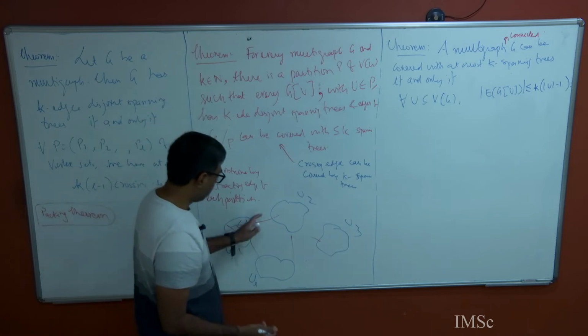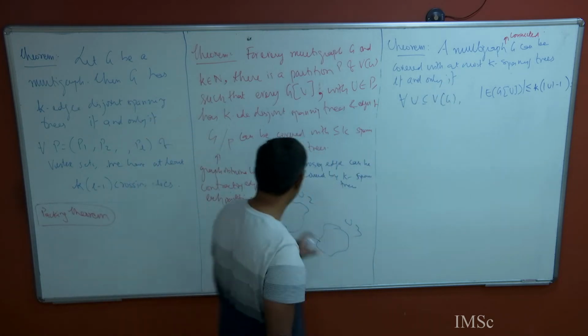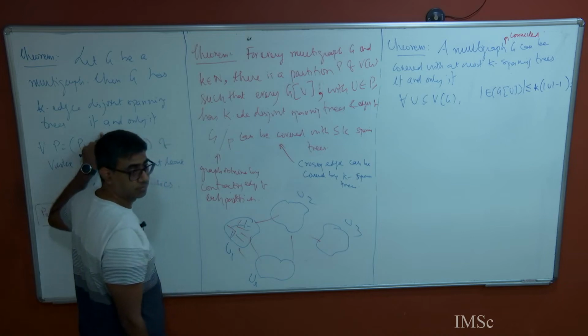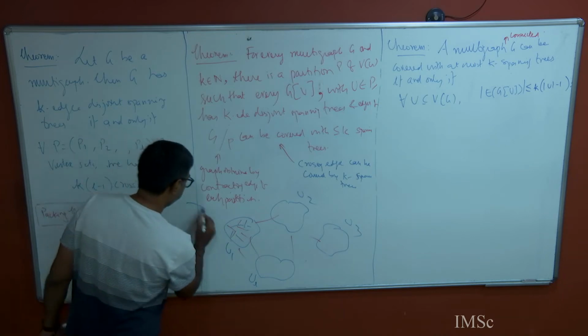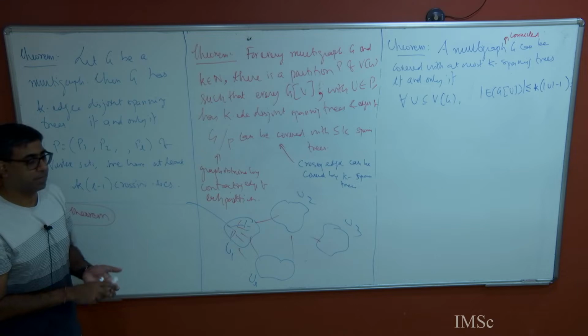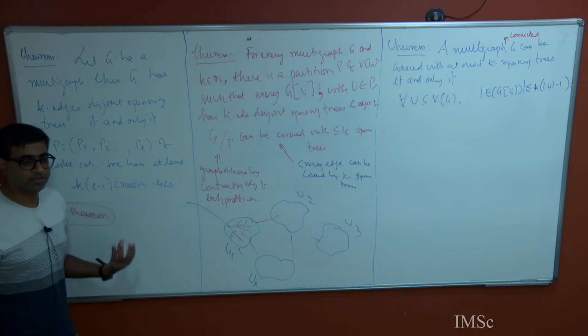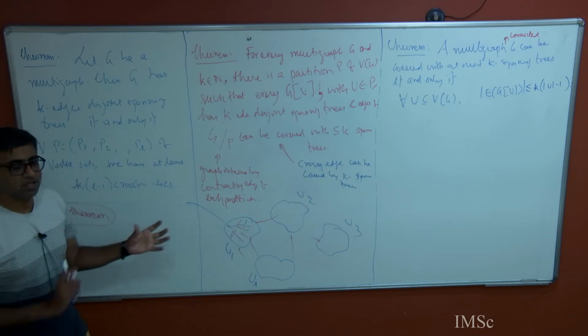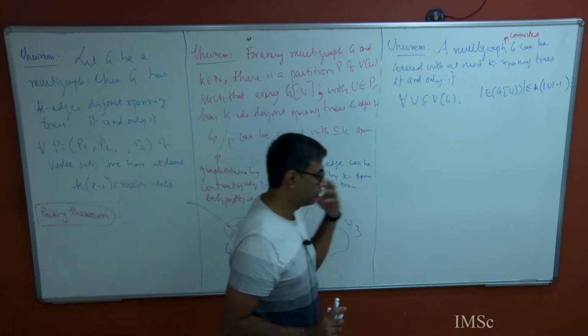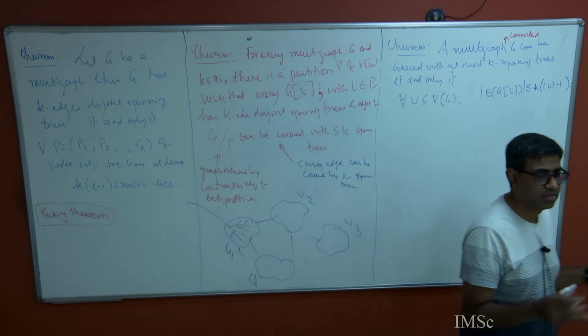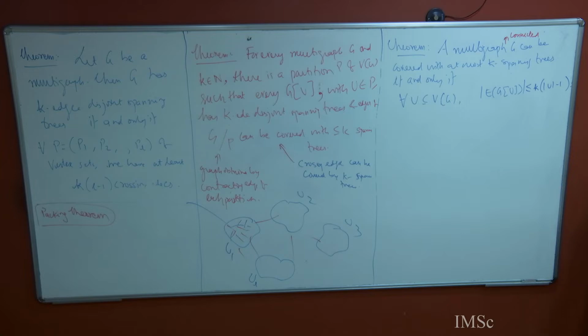So sparseness is useful for this, denseness is useful for this. It's basically a structural theorem which tells us that given a graph G and integer k, we can partition our graph into k dense things and across things are sparse. So you can think of this as some dense sparse partition.